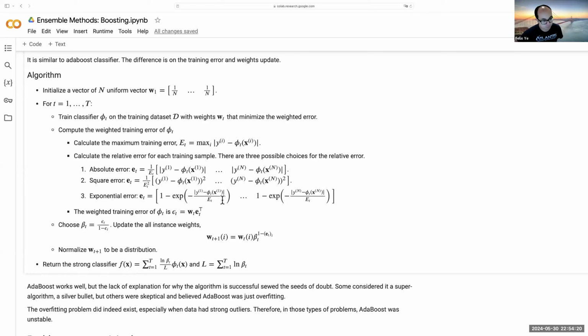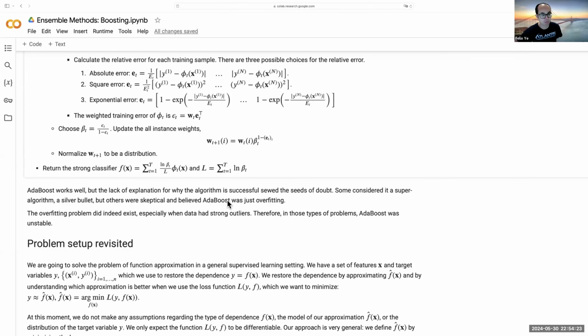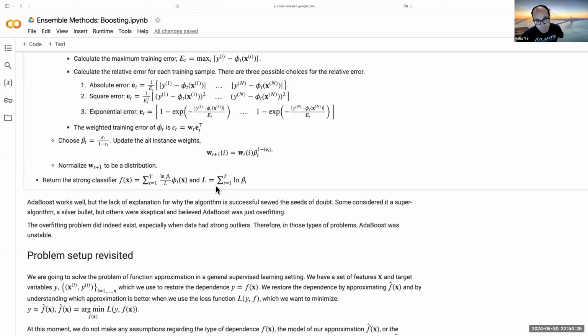AdaBoost usually works very well, but sometimes it will overfit because you might run too many T's and you don't know what the optimal T is. If you choose too many T's, you might overfit. It's very likely that you will have problems.